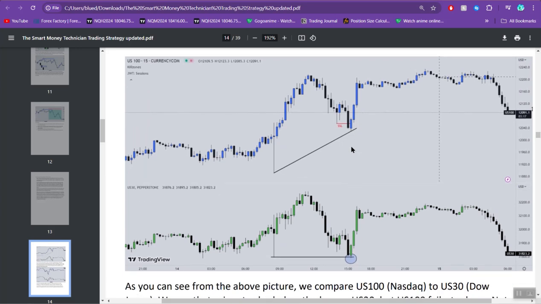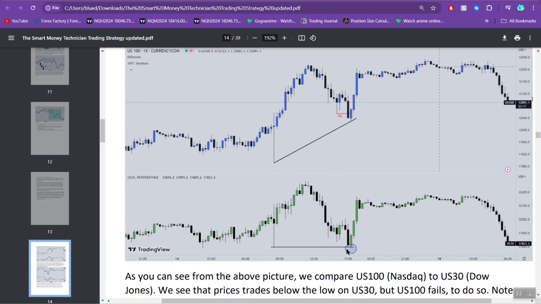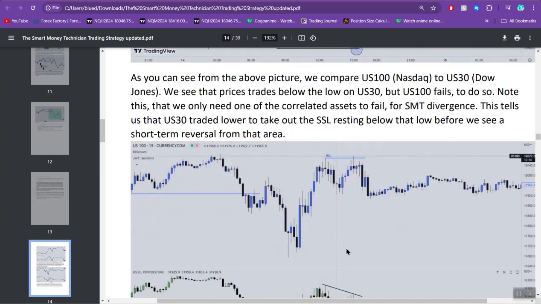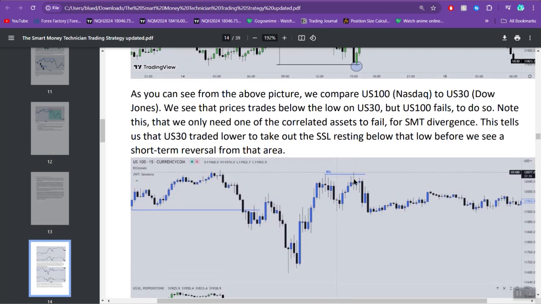So, as you can see over here, we have SMT divergence. And basically, this is the earlier chart that I showed you where we have price take the buy side liquidity. But the thing is, how do we know that price is going to take this buy side liquidity and reverse? The first thing we know is that we had that entry pattern that we taught in the previous lesson.